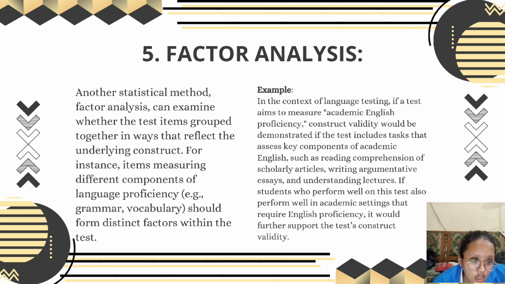Example, in the context of language testing, if a test aims to measure academic English proficiency, construct validity would be demonstrated if the test includes tasks that assess key components of academic English, such as reading comprehension of scholarly articles, writing argumentative essays, and understanding lectures.